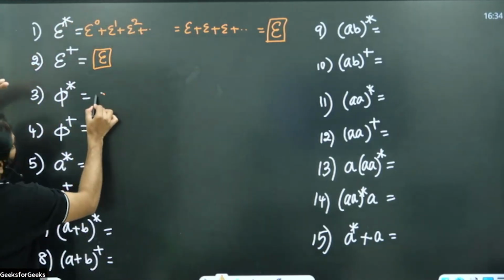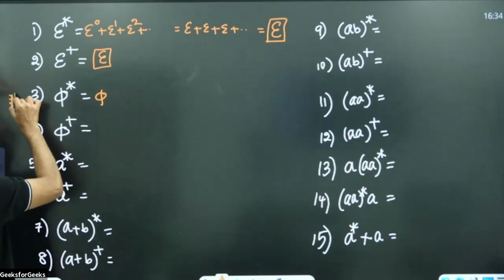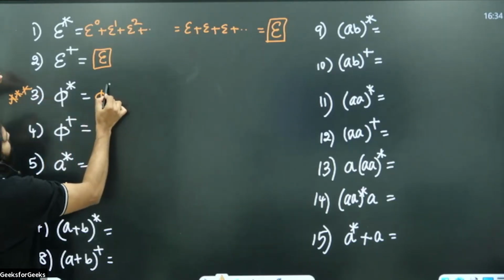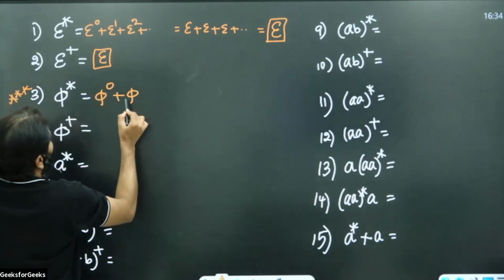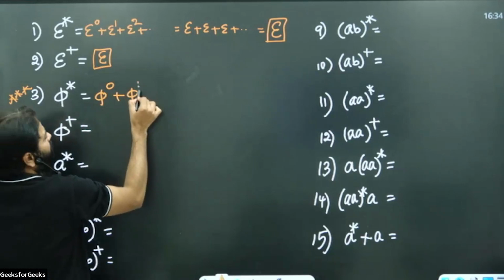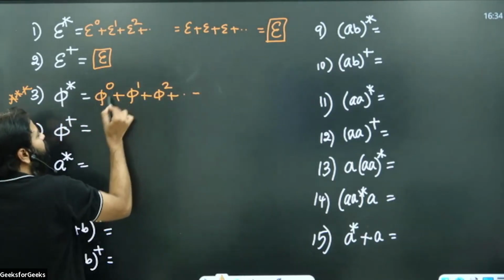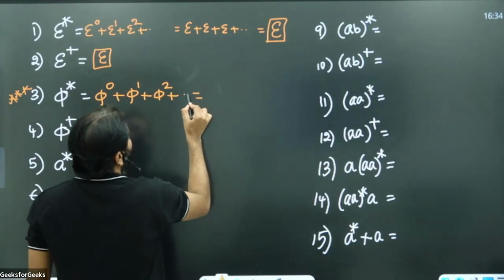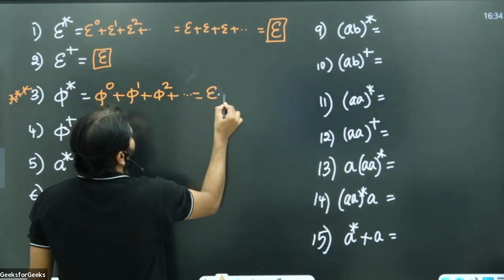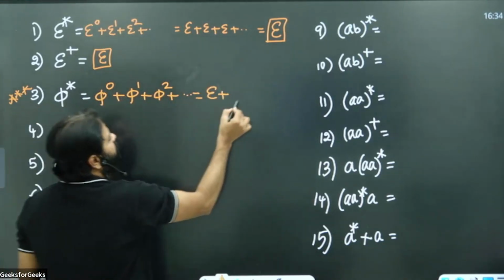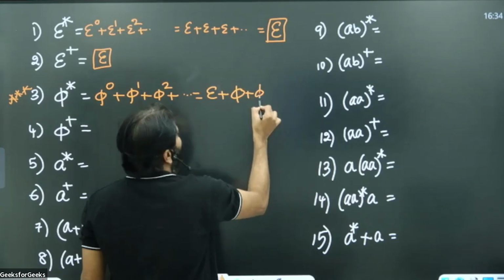Pi star, here some people make a mistake. Pi power 0 is there, and pi power 1 onwards is pi plus, pi power 1, 2 and everything. And this pi power 0 is actually epsilon, correct? And the remaining are all pi's, pi power 1, pi power 2, everything.